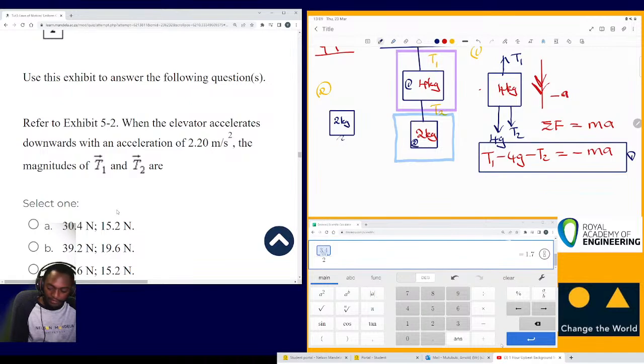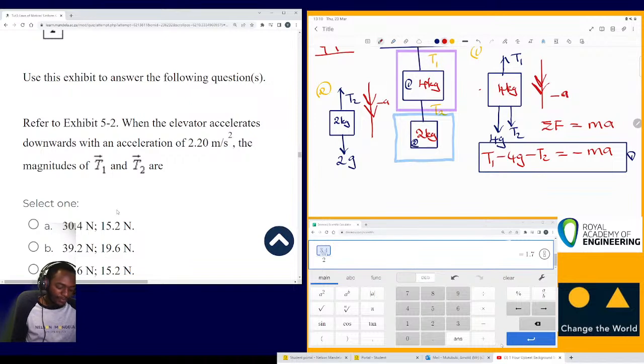It would be T2 pulling the object upwards, and gravity obviously going down. So these are mg, which is the same as 2g. And again, we've already identified that our lift is going downwards, so our a is still negative.